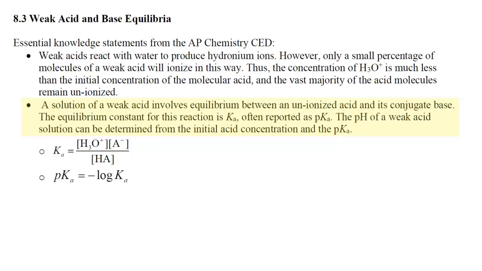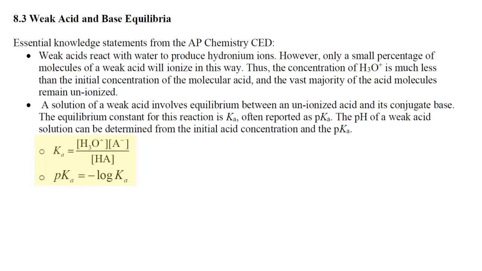The equilibrium constant for this reaction is Ka, often reported as pKa. The pH of a weak acid solution can be determined from the initial acid concentration and the pKa. So what you are seeing right now are two equations. These equations are listed on the AP Chemistry equations and constant sheet. The first one is the Ka expression.